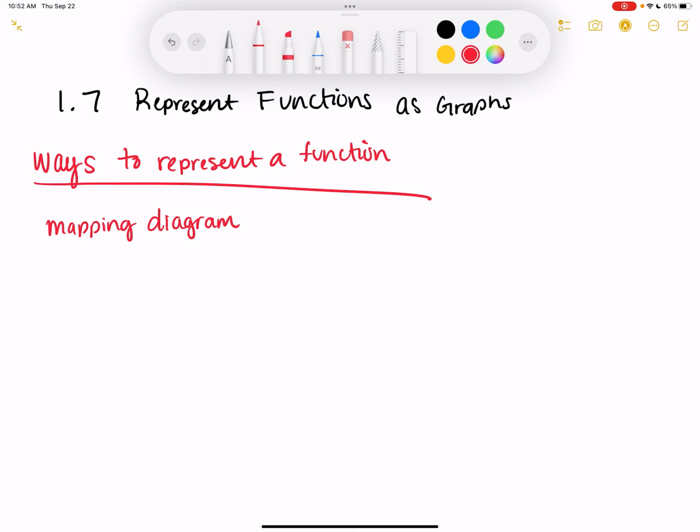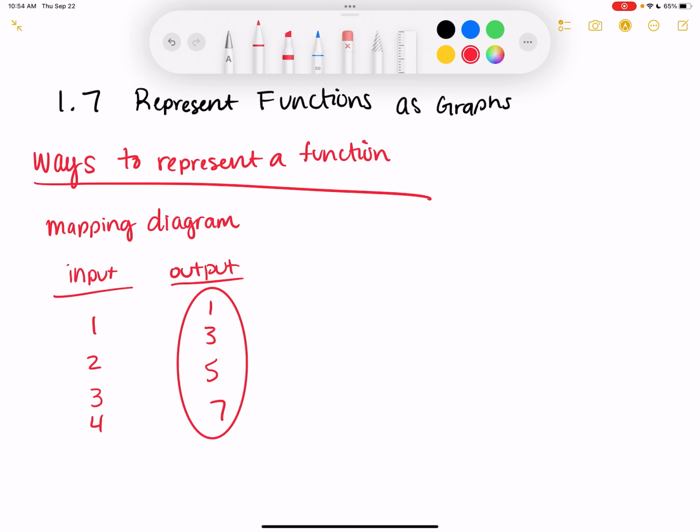So our mapping diagram, we could have, or let's see, we have input and output. And within that, I'm just going to use 1, 2, 3, and 4, and then 1, 3, 5, and 7. So each input has one output, so that would be representing a function.